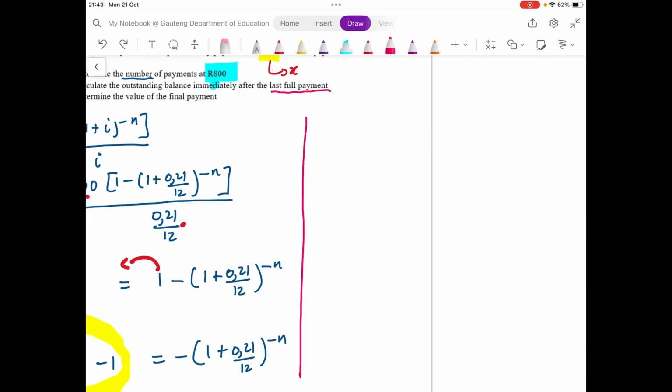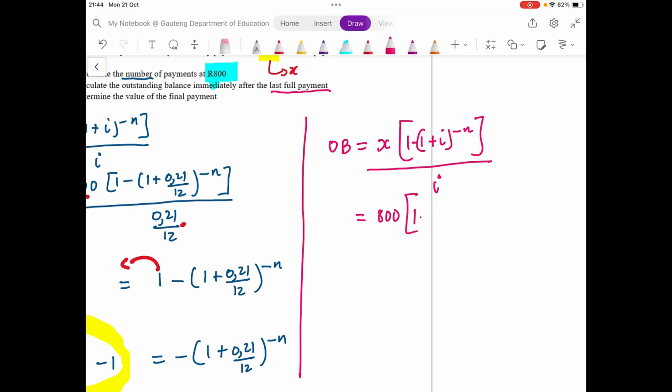So to calculate the outstanding balance, we use OB is equal to X into 1 minus 1 plus I to the exponent negative N, all divided by I. So this is equal to X is 800, into 1 minus 1 plus 0.21 over 12.